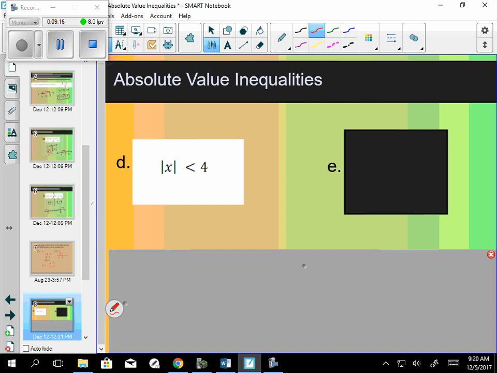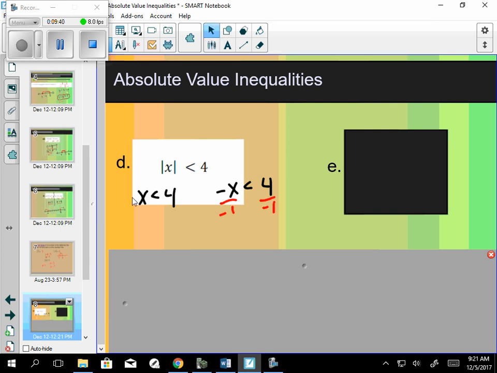Okay, so the two things that could make this true is that x could be less than 4, or the opposite of x could be less than 4. Okay, so now to solve that other one though, we got to divide by a negative here. So we got to divide by -1.